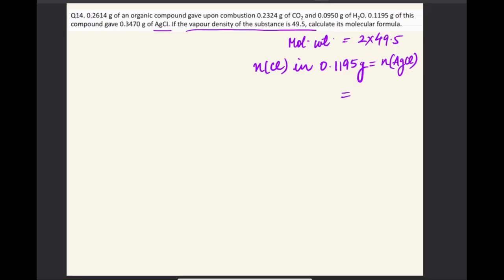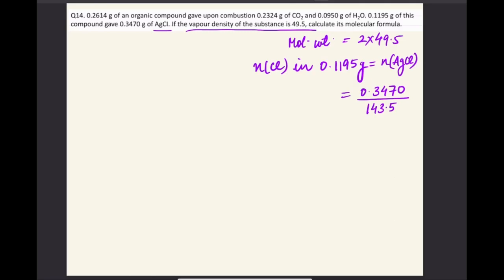And how much will moles of AgCl be? Moles of AgCl will be weight divided by molecular weight of AgCl, which is equal to 0.3470 divided by 143.5. This is the moles of chlorine in 0.1195 gram of the substance.